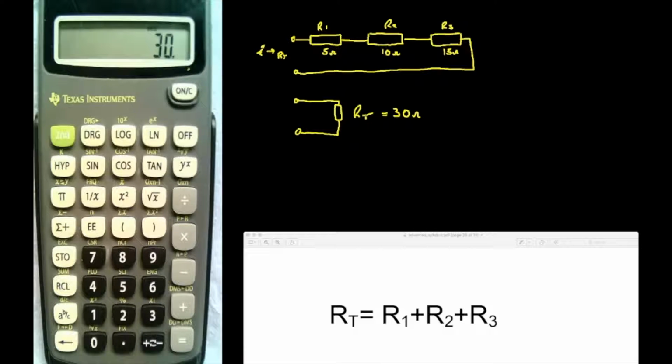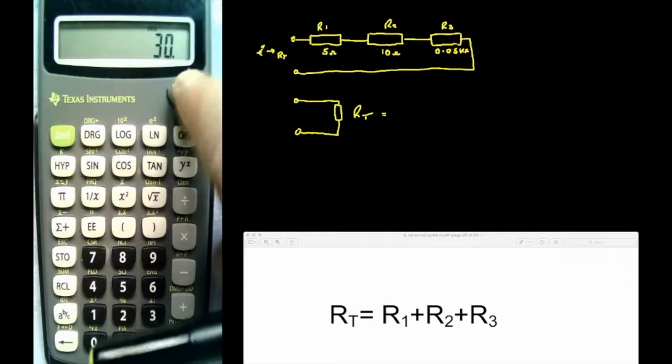If we had something slightly more complicated, if we replaced one of the values there, let's say this 15 ohms, and we said there it was 0.05 kilo ohms, how would we simply enter that into the calculator?